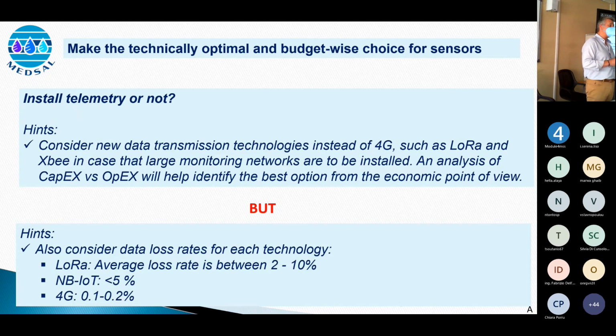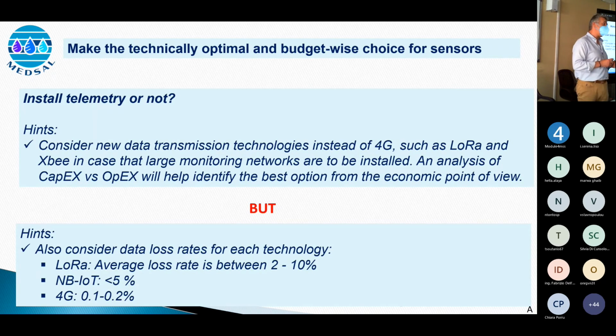So we're talking 5G or 2G now. These are the most trustworthy in terms of data loss. So you're looking at a very, very low data loss percentage of 0.1 or 0.2%.